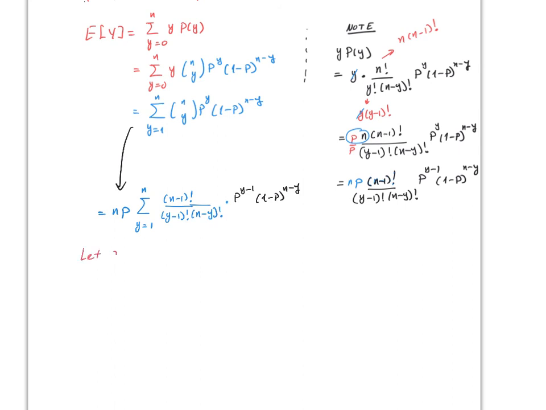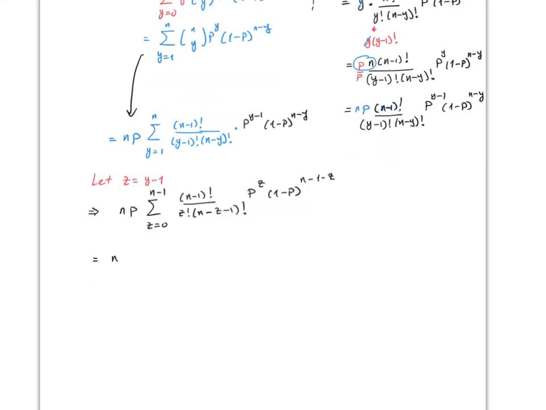Alright, so now let z equal y minus 1. If that's the case, then we're still going to have np, and then the sum from z equals 0 to n minus 1 of n minus 1 factorial over z factorial, n minus z minus 1 factorial, then p to the z, and 1 minus p to the n minus 1 minus z.